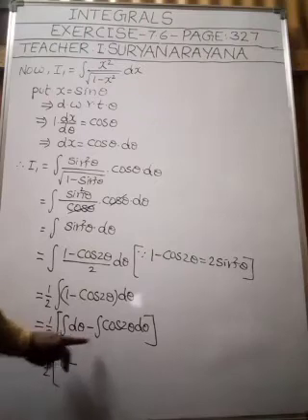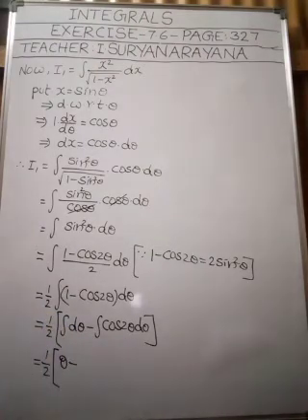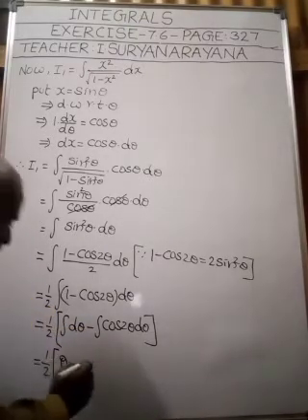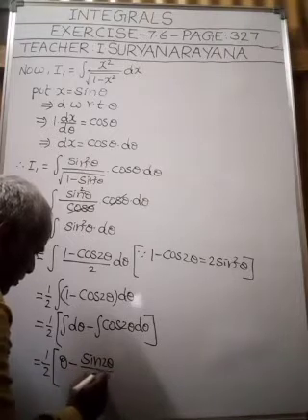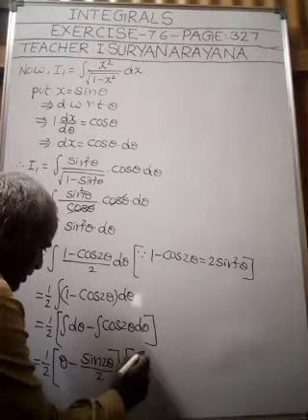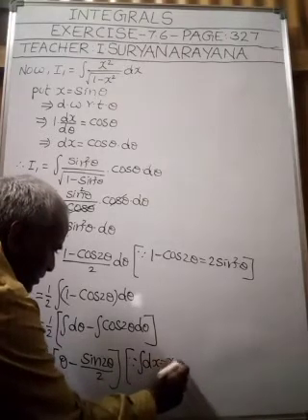Right. Minus integral, it is in the form of integral cos of ax plus b, a linear expression. So sine 2 theta by 2. Because integral dx is equal to x.